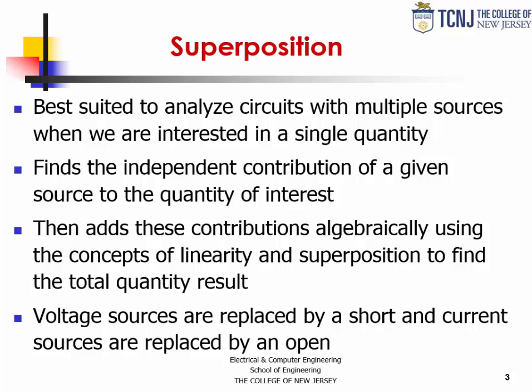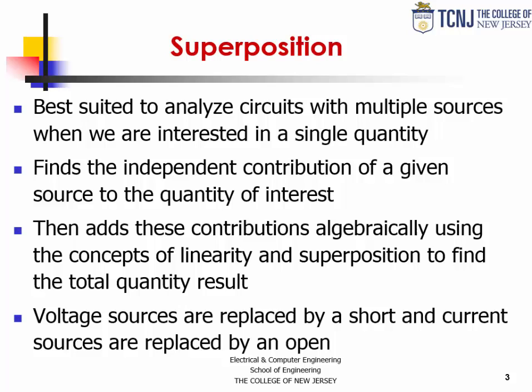The idea behind superposition is that if I have multiple sources, it doesn't matter what type of source it is, current or voltage, and I'm interested in a specific quantity, either a voltage or a current, I can find the contribution of each of the sources to that quantity.